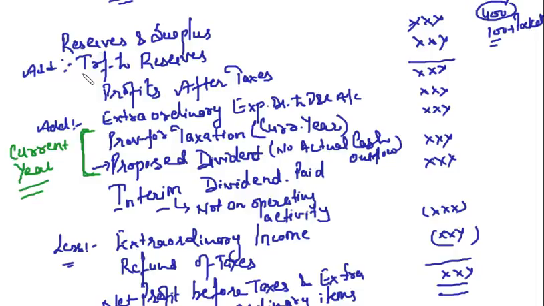But right now this is a part of profits only. Right? Then what we get is profit after taxes. Right? Now you know you have to add something and you have to subtract something out of the profits after taxes to reach net profit before taxes and extraordinary items. Right?